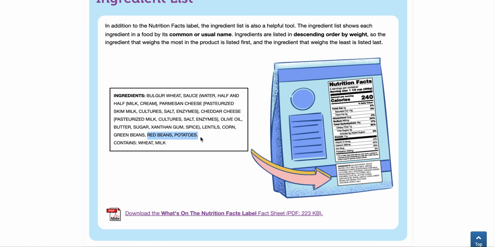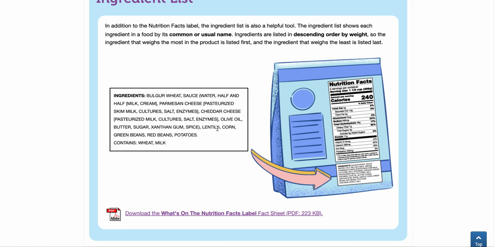So there would be trace amounts, ideally, of the last ingredients listed there. And this information is extremely helpful for people who have any sort of food sensitivities or allergies, anyone who needs to avoid certain ingredients due to religious reasons, or just people who prefer to follow a vegetarian eating style.